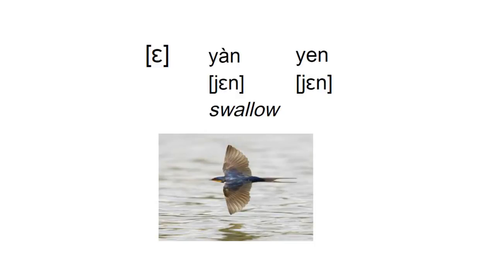The IPA symbol here is a rounded curly e, and the vowels are pretty much the same between English and Mandarin. If anything, your tongue goes up just a tad in Mandarin in the direction of i. But again, it's a ridiculously slight change, which is why the IPA symbols are the same in both languages and why you can keep your familiar vowel in yen without running into difficulties.